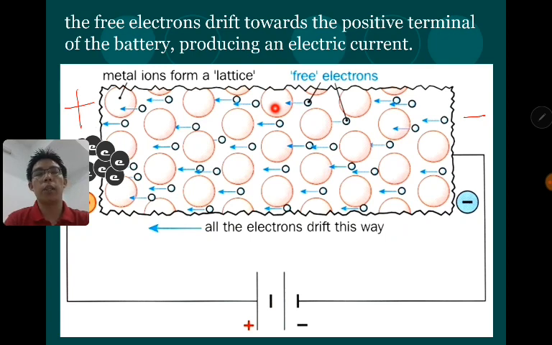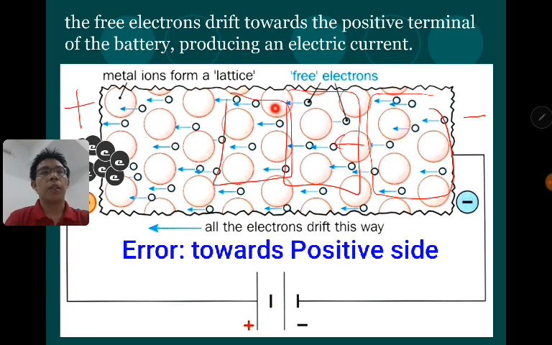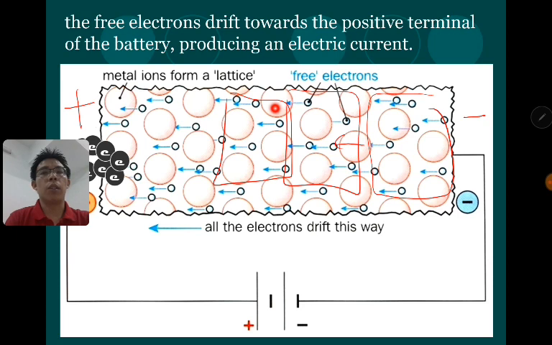Not just one bunch of electrons, actually there are a lot of electrons on the way. So together they move slowly, and that movement is called the electric current. When charge carriers move, they cause electric current.